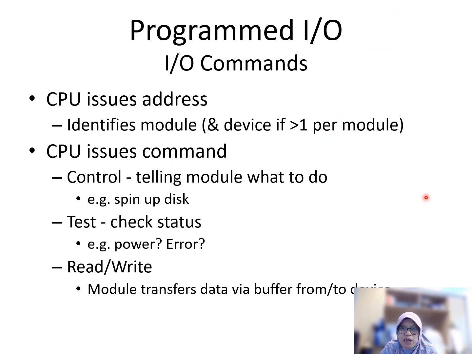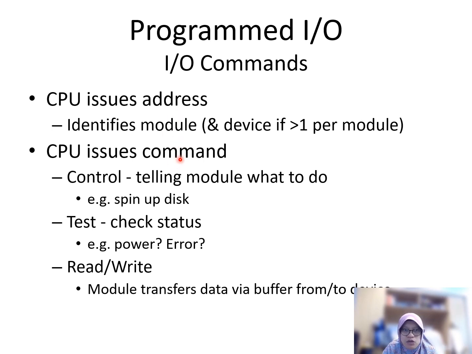To explain the program I/O technique, we view it from the point of view of the I/O commands issued by the processor to the I/O module, and then from the point of view of the I/O instructions executed by the processor. To execute an I/O related instruction, the processor issues an address specifying the particular I/O module and external device, and also an I/O command.